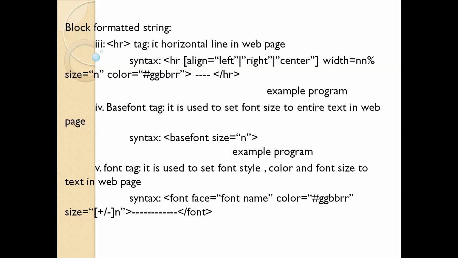And this font tag also has 3 attributes: face, meaning which type of font we are going to use, then the color of that font, and then the size of that font. All these things will be explained with examples in the coming classes. Don't worry about this.